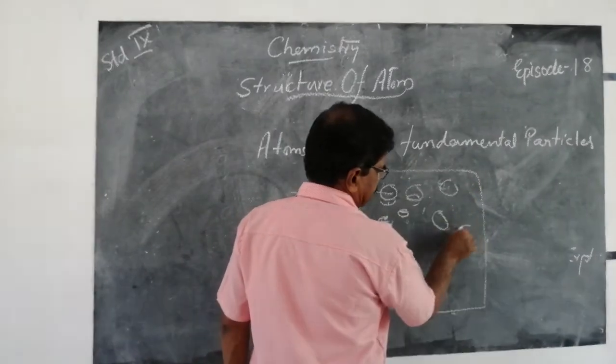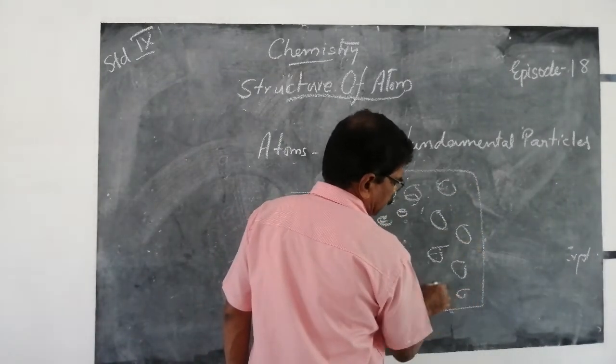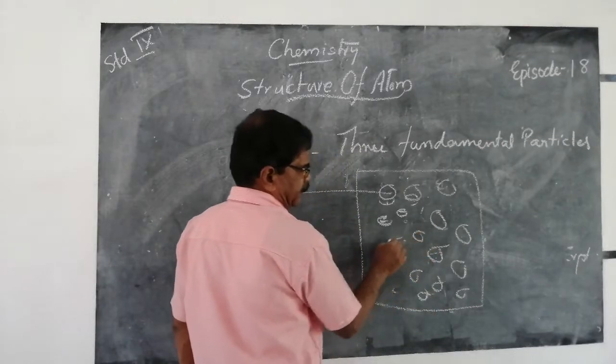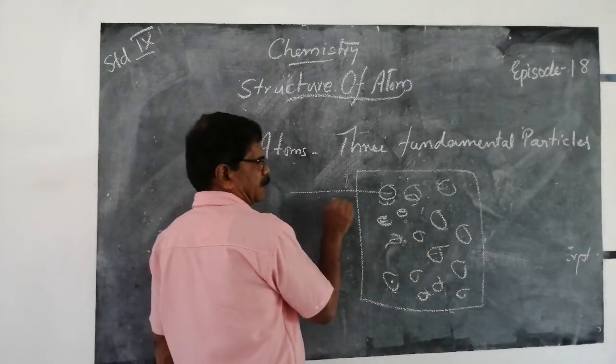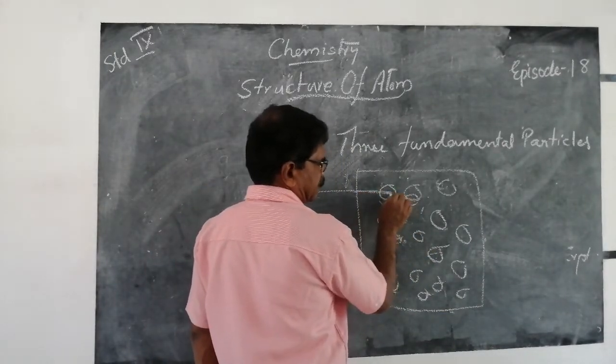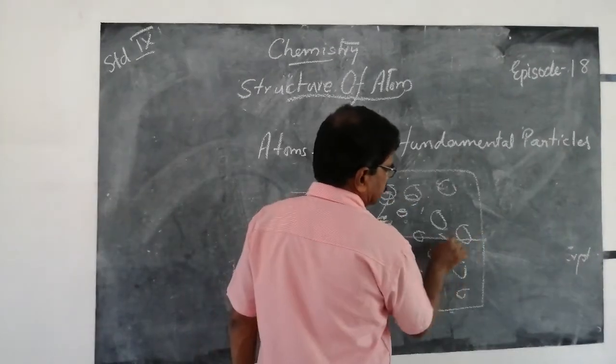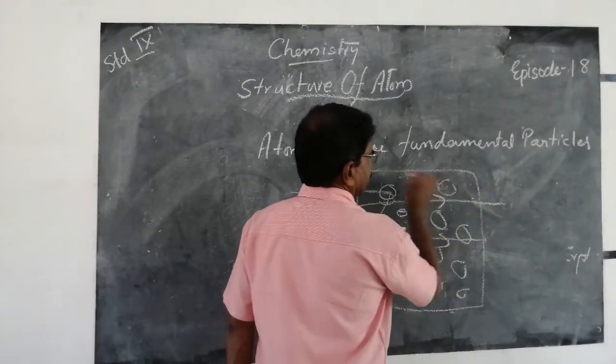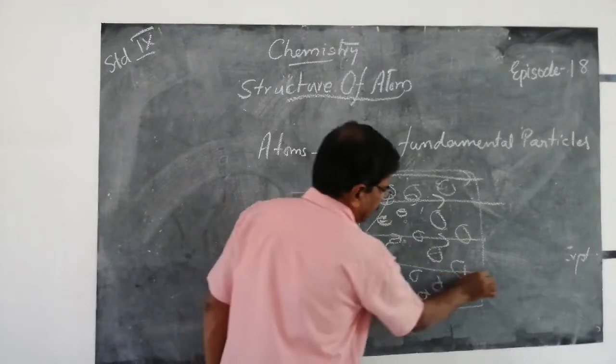Almost all the rays pass through the gold foil without any change in direction.